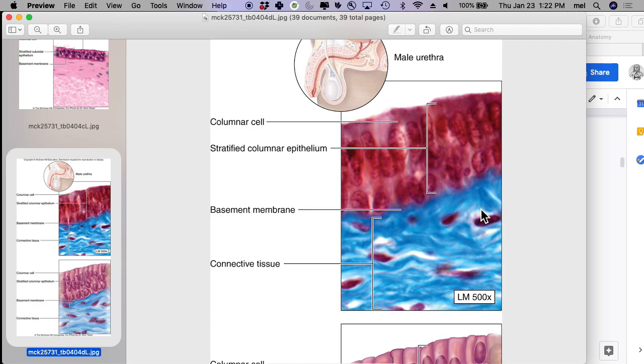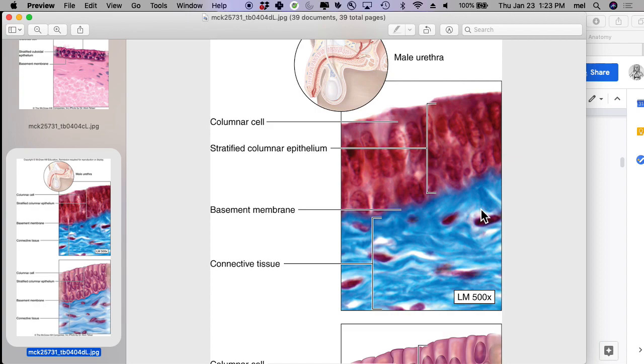Right, stratified columnar epithelium. This tissue is really rare in the human body. By the way, every once in a while, you'll see it labeled pseudostratified. Your textbook uses stratified. I use stratified. Don't worry if you see it labeled something else. This tissue is stratified.